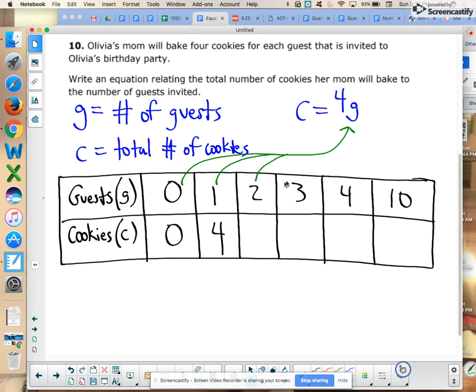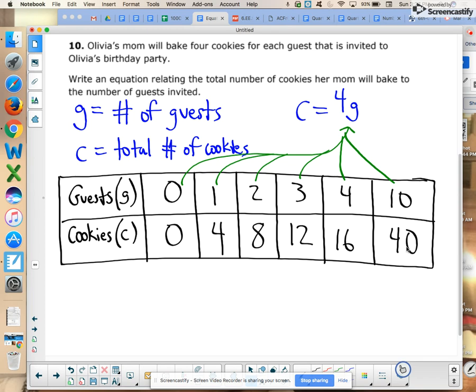So 2 for G. So now it says 4 times 2, and 4 times 2 is 8. And now we're going to do it for 3 as G. 4 times 3 is 12. And then 4 for G. 4 times 4 is equal to 16. And then the last one is going to be 10 for G. And 4 times 10 is 40.